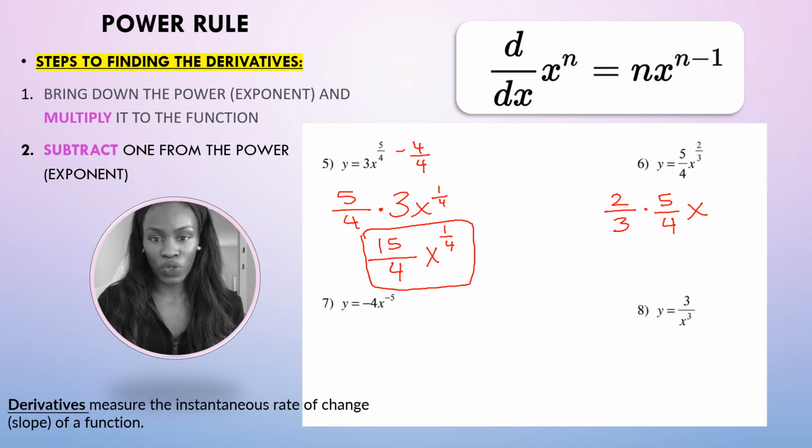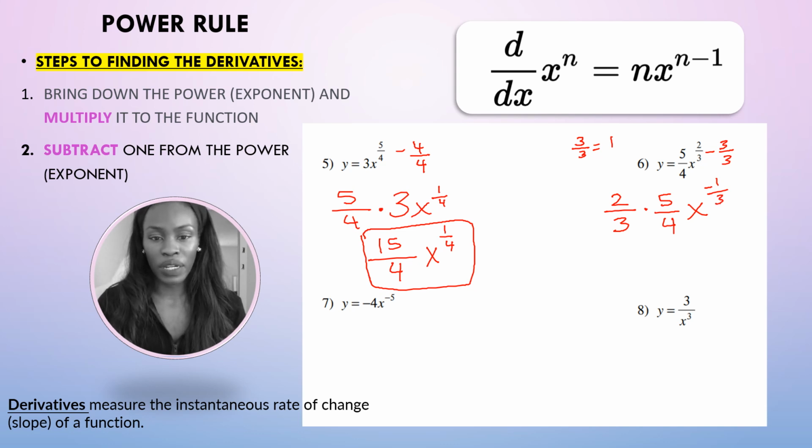Another way to write 1 is 3/3, because 3/3 equals 1, right? So we're going to do minus 3/3. So 2 minus 3 is -1, and that's -1/3.